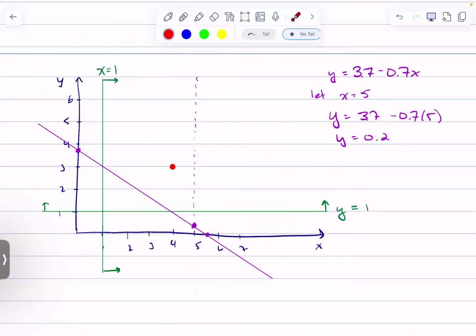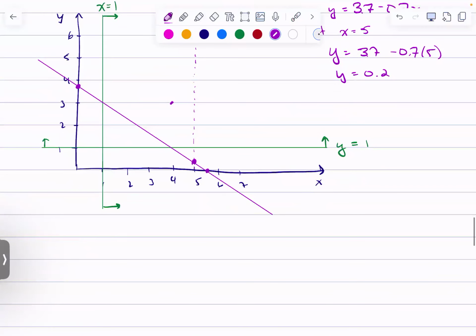So if this random point that we picked is satisfying the constraint, then they all will be above this line on that side. I'll remove that point because it doesn't contribute.